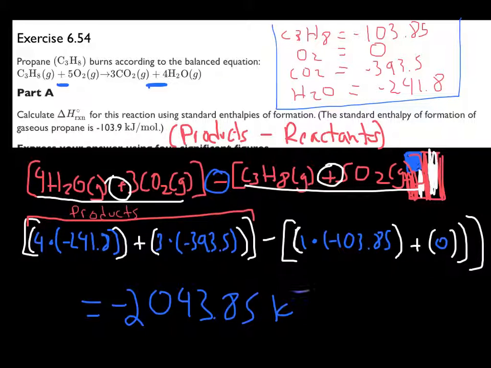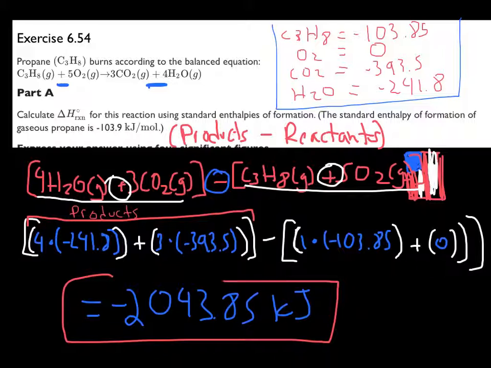Kilojoules. We can never forget that. And this is your answer.